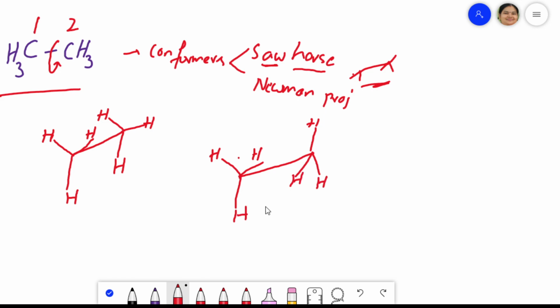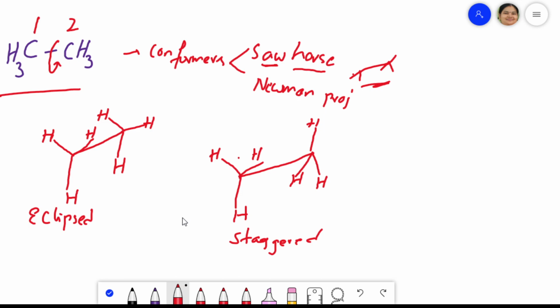So truly speaking, this is an eclipsed structure, and this is a staggered structure. So that's the Sawhorse formula.